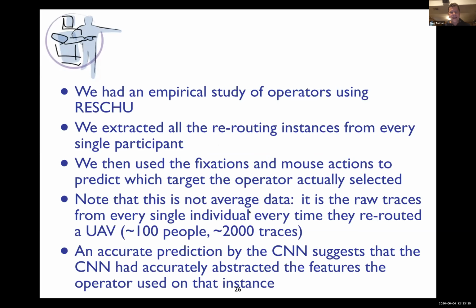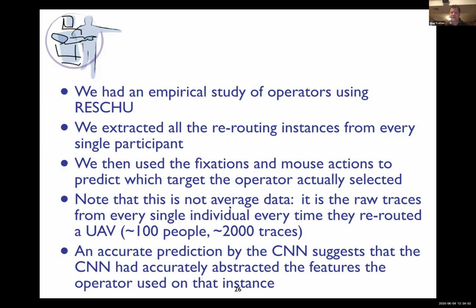I will point out, though, that this is not average data. These are the raw traces from every single individual, every single time they rerouted a UAV. This is about 100 people, about 2,000 traces total. This is really a key piece: we're not averaging the data, we're averaging the performance on the individual raw traces.